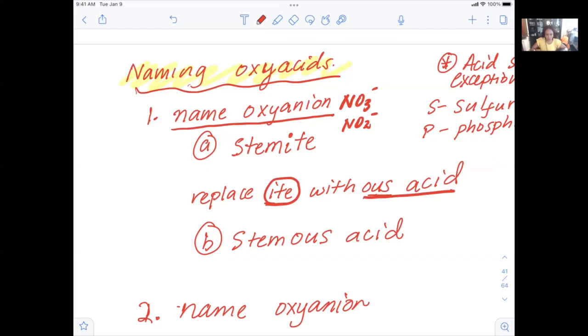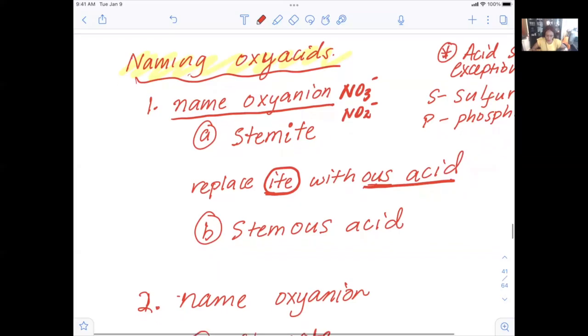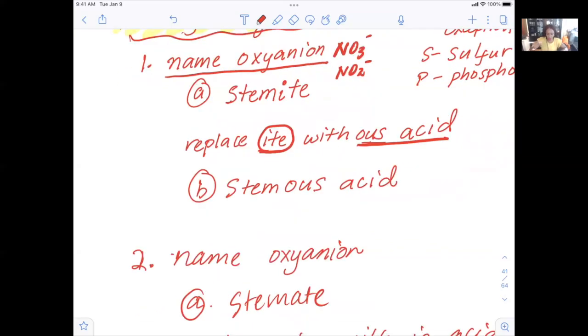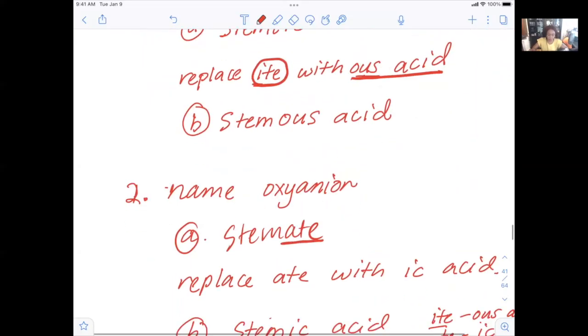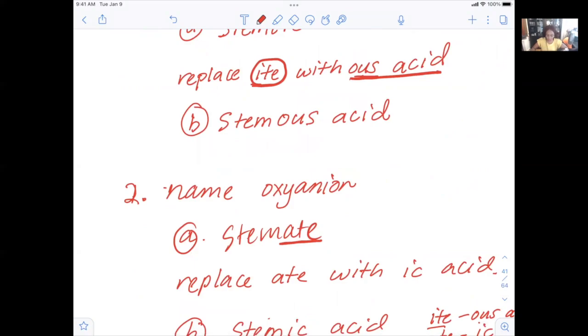I'll work this out so you can see. And then for the other kind of oxyanion, if it ends with ate, you name the oxyanion, and only replace the ate part of their name with ic acid.